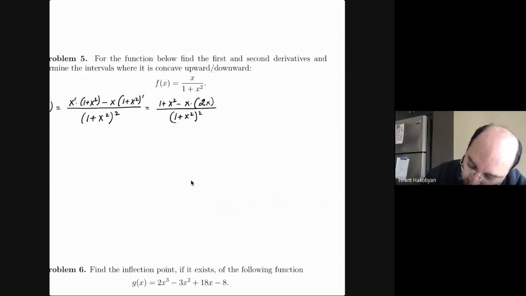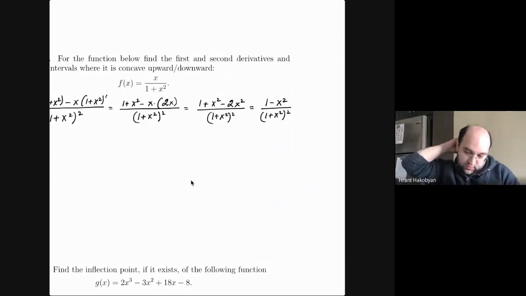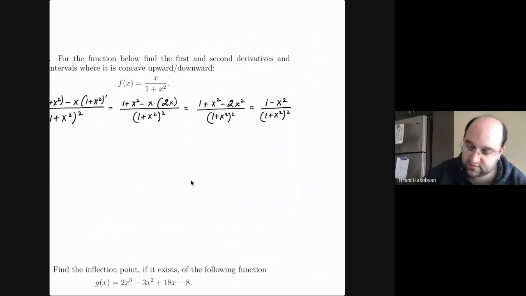On the top, I get 1 plus x squared minus 2x squared, so the whole thing is 1 minus x squared in the numerator.